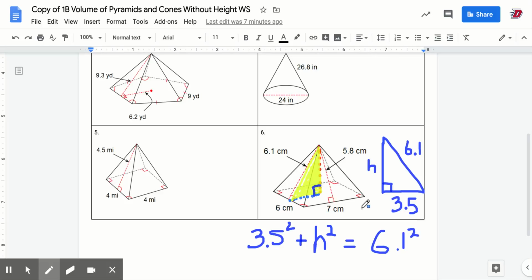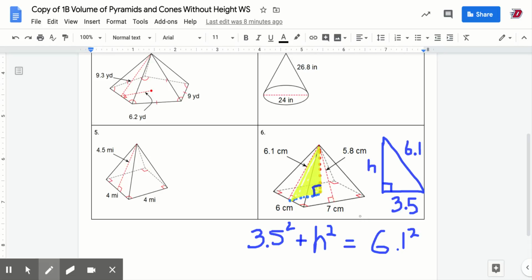So remember your order of operations, PEMDAS. There are no parentheses, so you go to your exponents next. So make sure that you square this and square this first. Then you're going to subtract whatever this is from both sides of the equation. Then you're going to take the square root and you'll get your h.